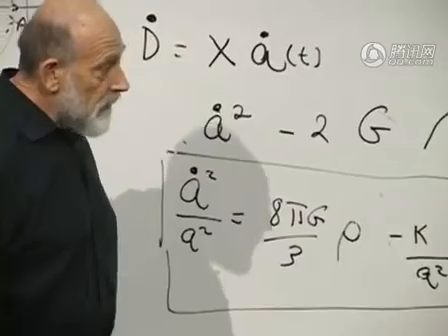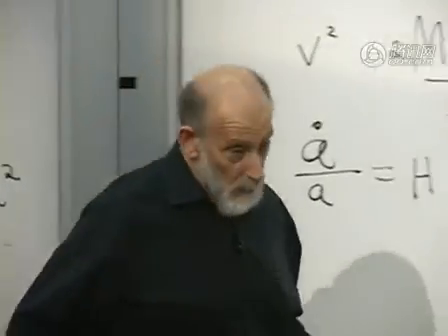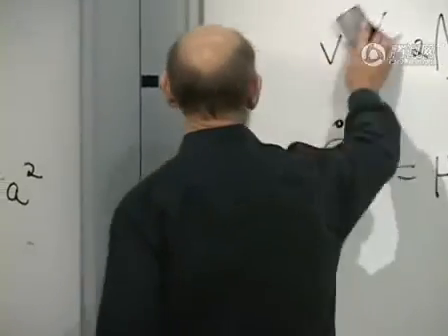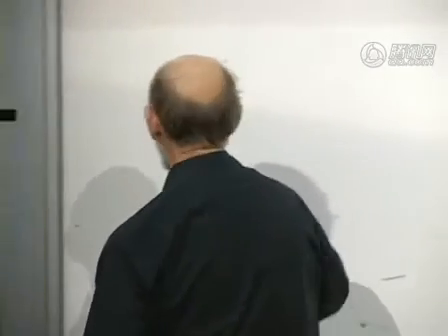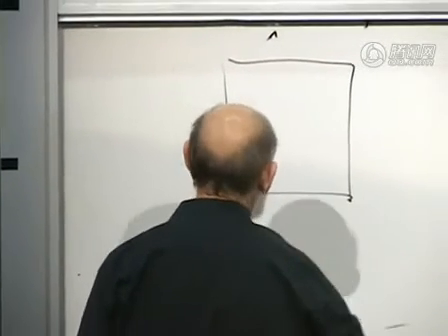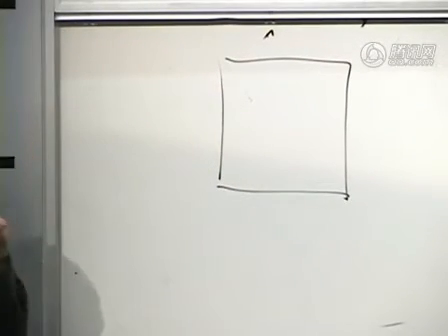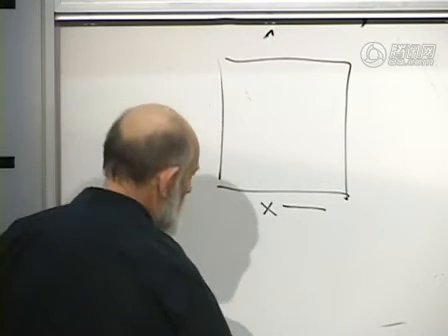But let's talk now about rho. What do we know about rho? Well, let's take a cubic cell of space, and now let's let it be 1 unit of coordinate on a side.